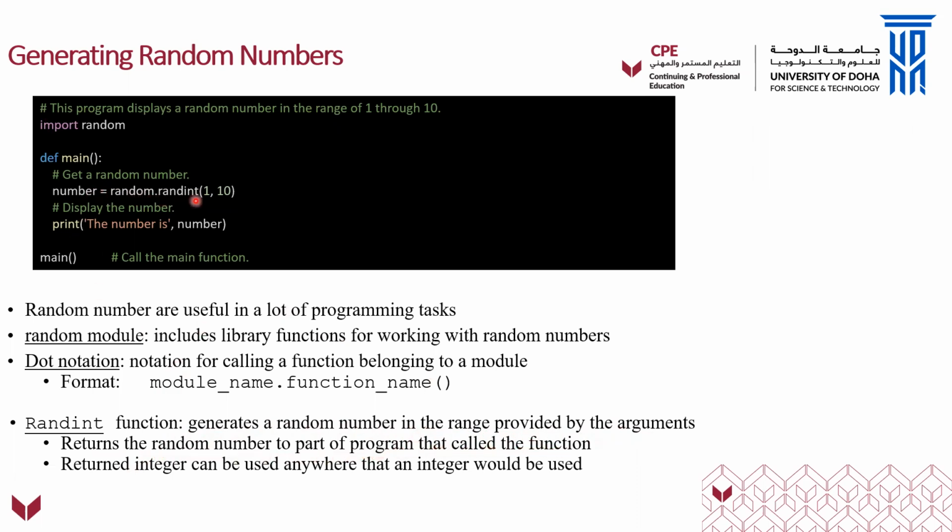So the result of calling randint will be saved in number, because I am calling this function after the assignment operator of the variable number. It returns an integer, which can be used anywhere that an integer would be used. So let's practice on this example.